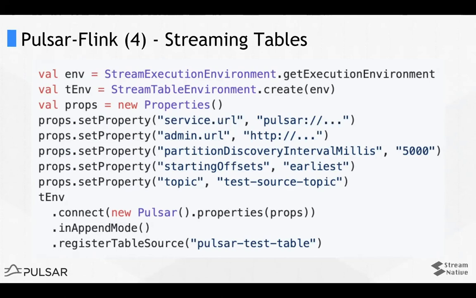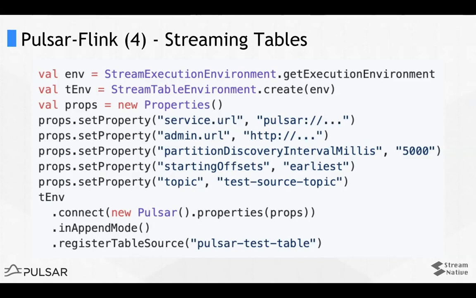It returns a table in this code, so you can run all the computing jobs on that table. To point out here, we haven't provided a Pulsar catalog in Flink. If we provided a catalog in Flink, you wouldn't actually need to register the table source.